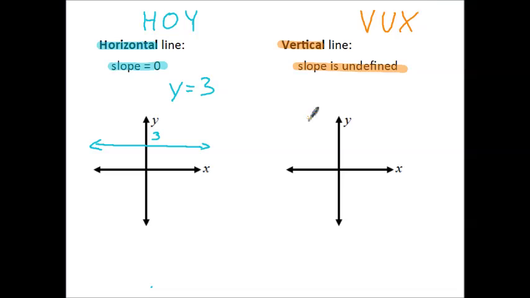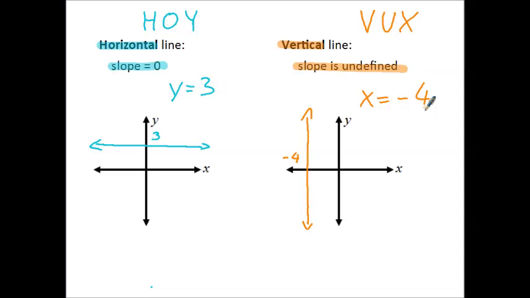Let's create a vertical line here. This is vertical, and it crosses the x-axis only. It doesn't cross the y-axis, and I'm going to just say it crosses the x-axis at -4. So then I can already go ahead and write our equation. The equation is x is equal to -4.